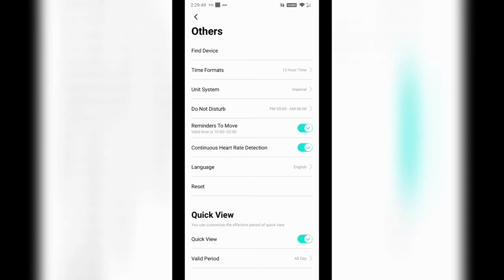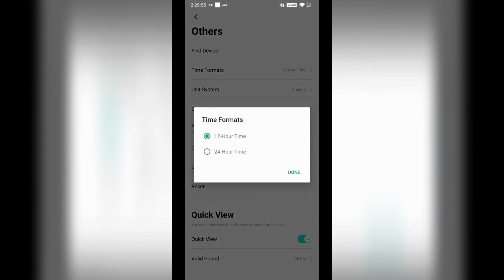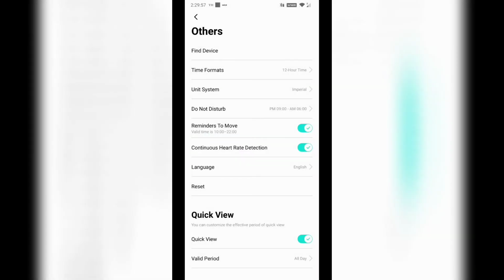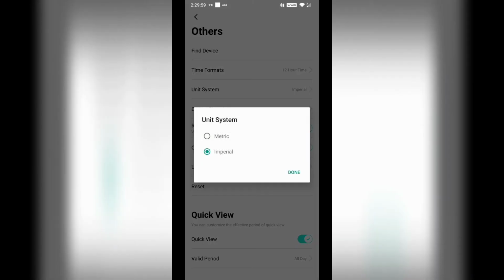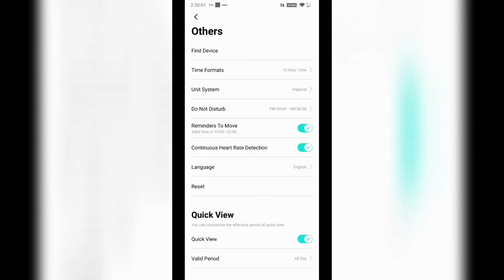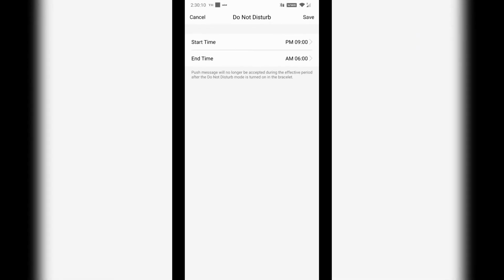Next option is other. In other, there is a very important and good feature. In the other option, we can select find my device. For example, if you missed the watch somewhere around your place and you select find my device, the watch will vibrate continuously with a sound, and you can find it.